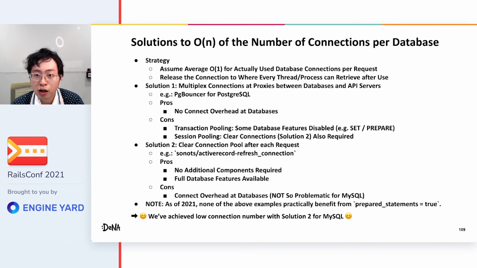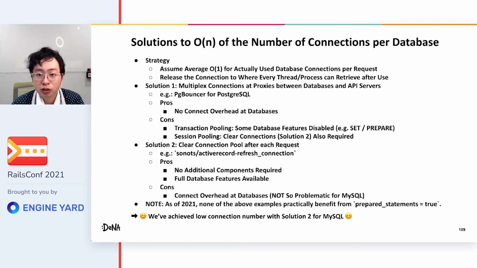The strategy of reducing the number is like this. First, assume average O(1) for actually used database connections per request, and then release the connection to where every thread or process can retrieve. Solution 1 is to multiplex connections at proxies between databases and API servers. PgBouncer for PostgreSQL is famous for this solution.